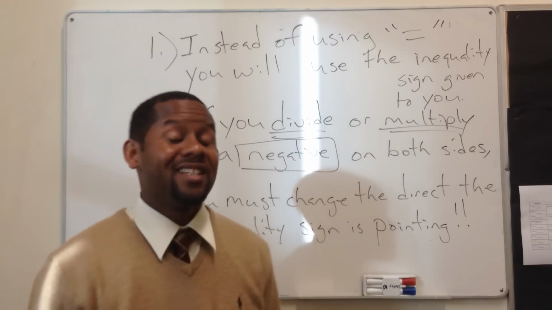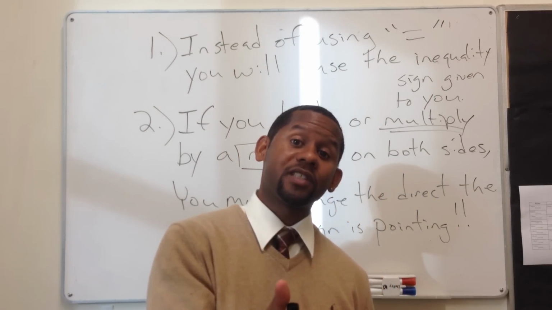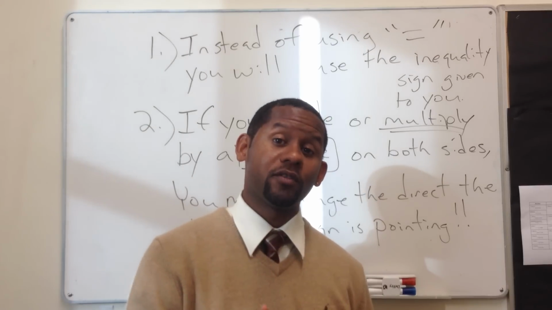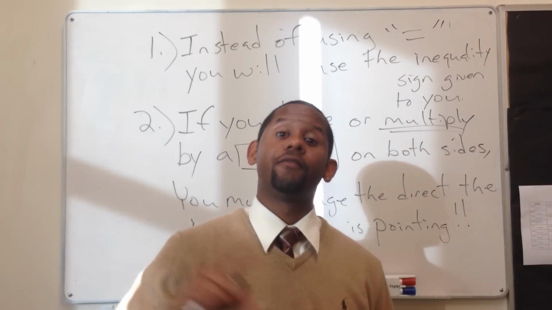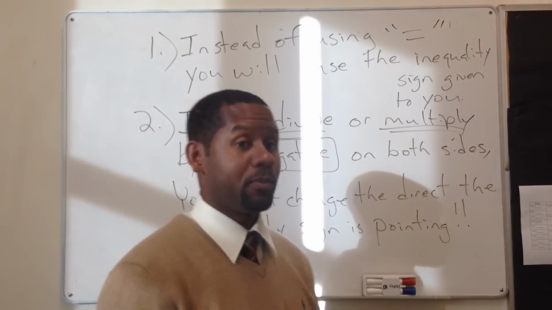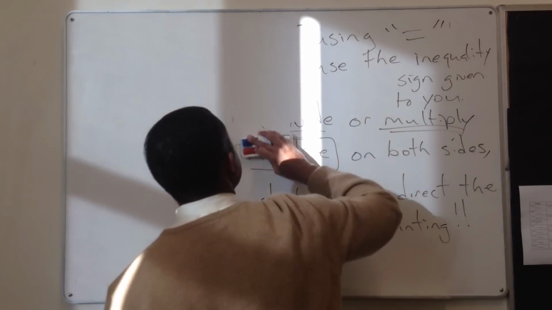This is the only thing that trips people up. It only happens if you divide both sides by a negative or multiply both sides by a negative. If that ever happens, you got to flip the sign, flip the direction that the inequality is pointing.